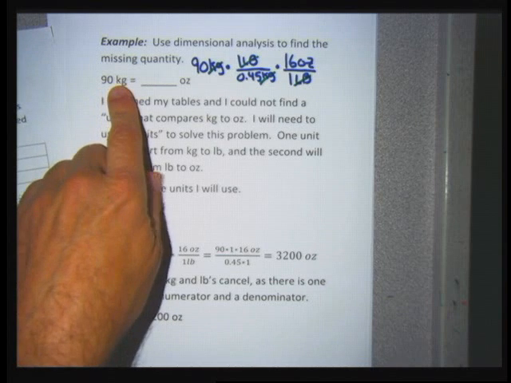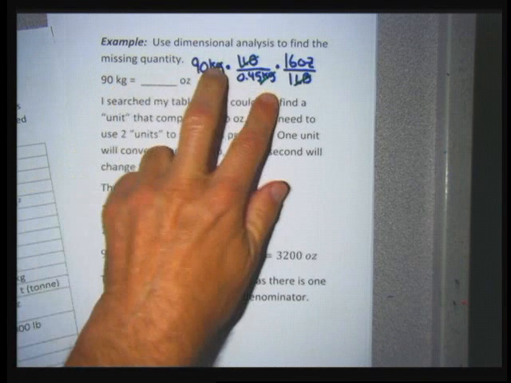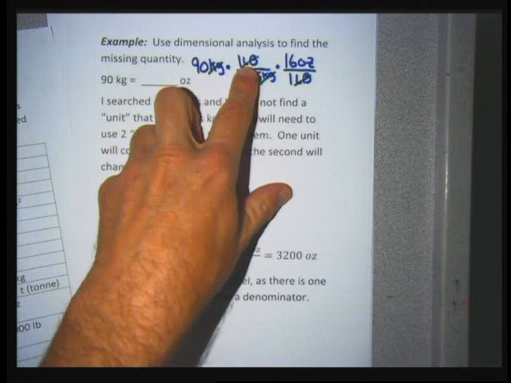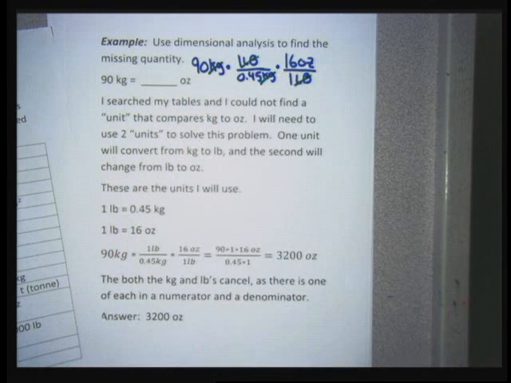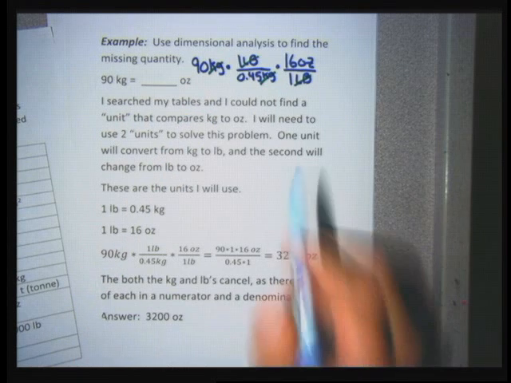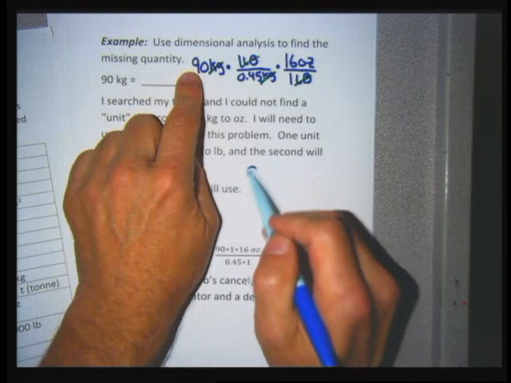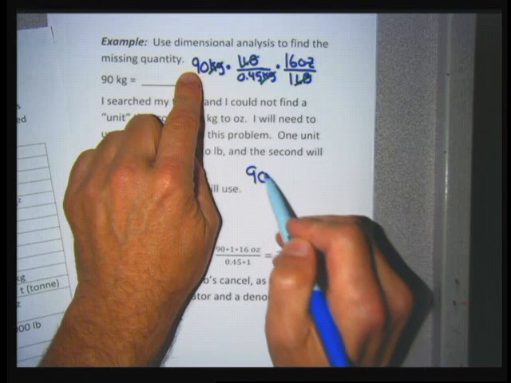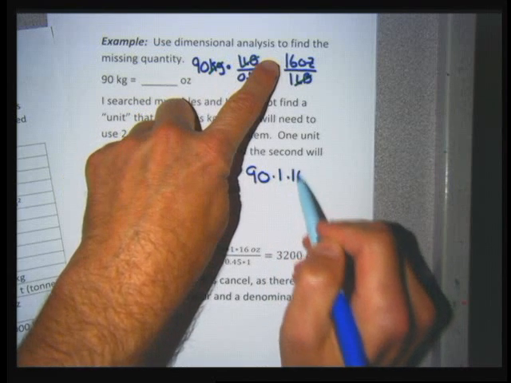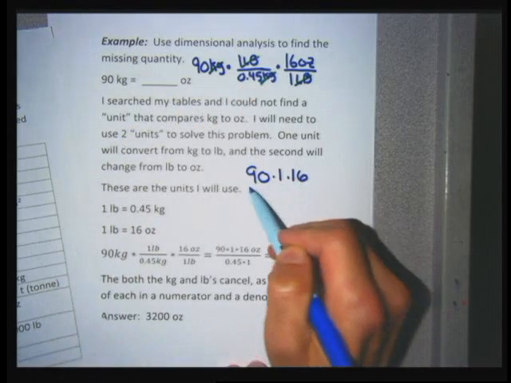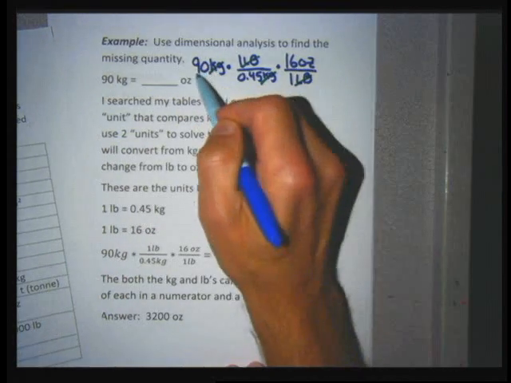I started with kilograms. I canceled the kilograms, but I couldn't get ounces. I got pounds. So I canceled the pounds and got into ounces. Now I just need to do the math. And the math is to multiply the 90 times the 1 times the 16. That will all go in a numerator because this 90 is really 90 over 1.